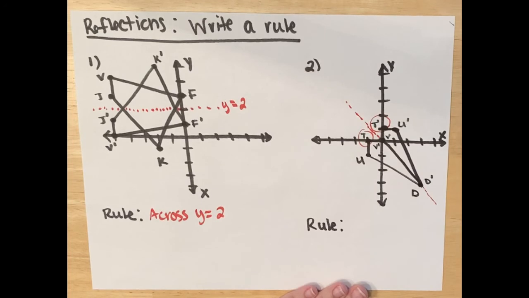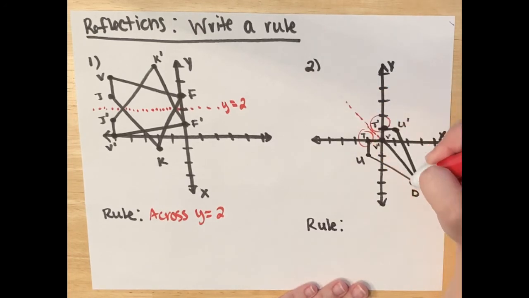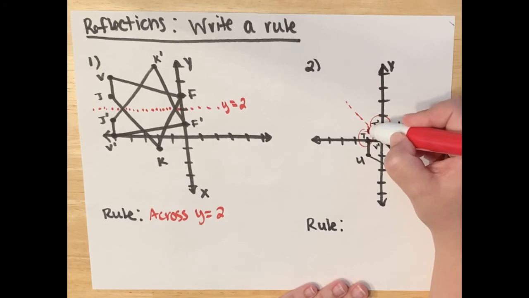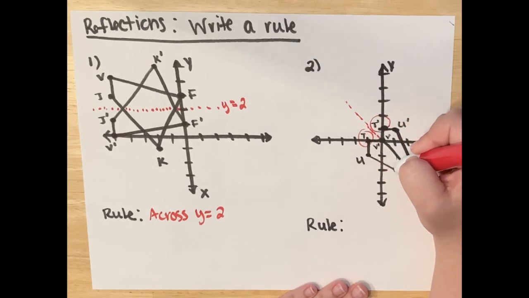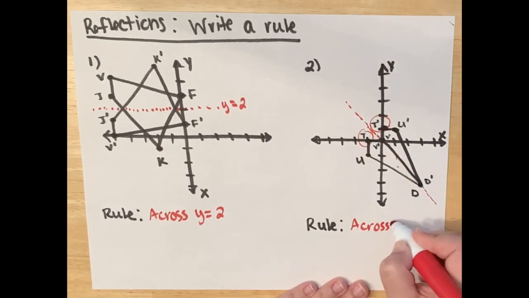Some of the ordered pairs are. So that line here, it's slanted in the negative direction like we learned in slope with slope-intercept form. And if we go down 1 over 1, we keep hitting a point on that line. So this rule is across y equals negative x.